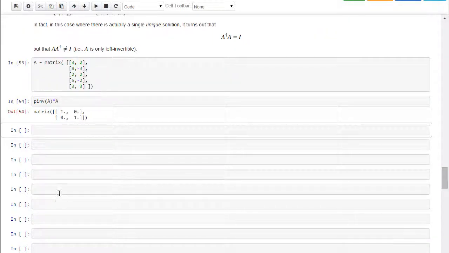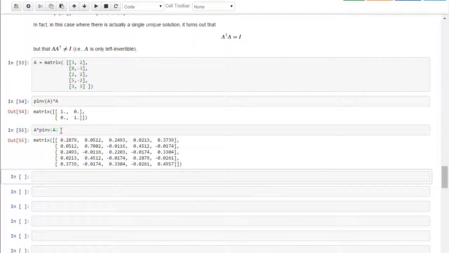Now, of course, if we went in the other direction, A times P inverse of A, then that certainly is not an identity matrix. I think everybody will agree that's not an identity matrix. Okay, so it's an identity in one direction but not in the other.